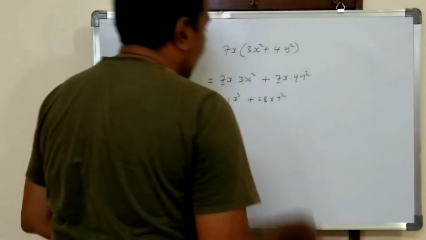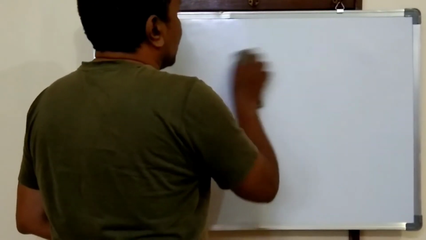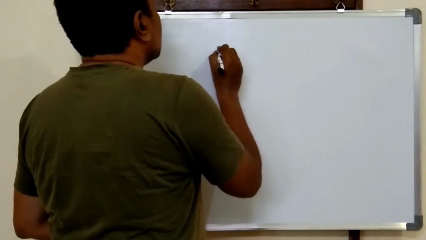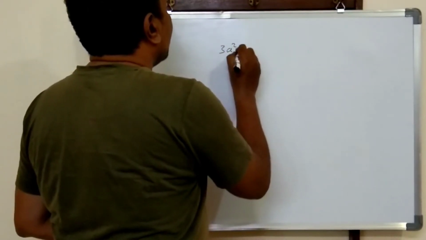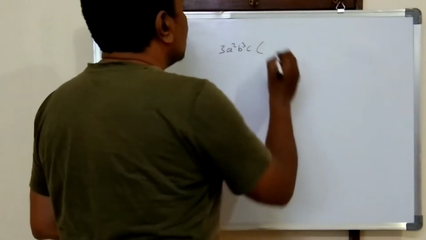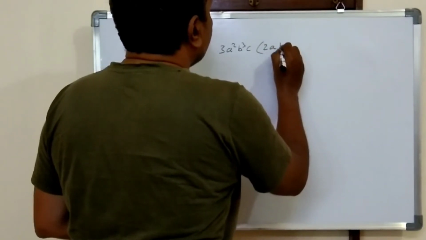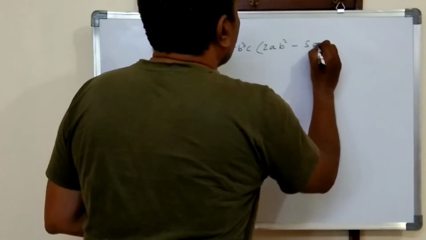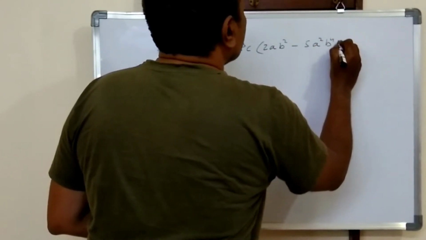Next, a monomial with a trinomial. Suppose 3 a square b cube c into 2 a b square minus 5 a square b power 4 c cube.